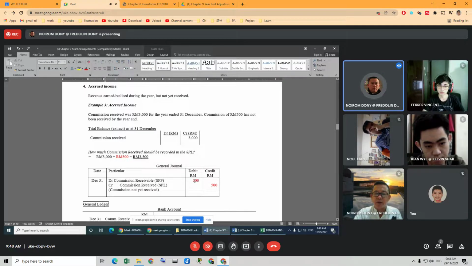So we debit 500 on, okay, same name, commission, but then we put it as receivable, commission receivable, meaning commission receivable is the same meaning as accrued income. Okay, receivable, meaning it's already earned, you're gonna receive in the future.